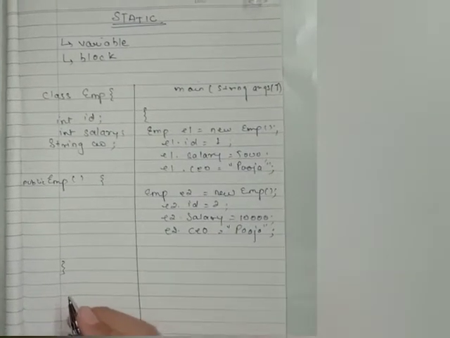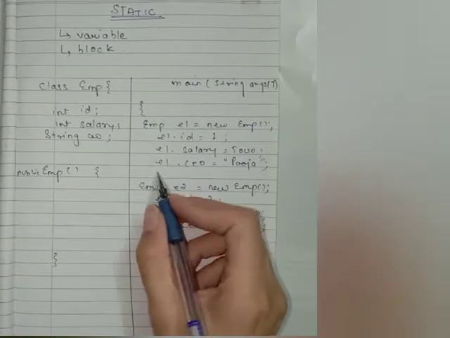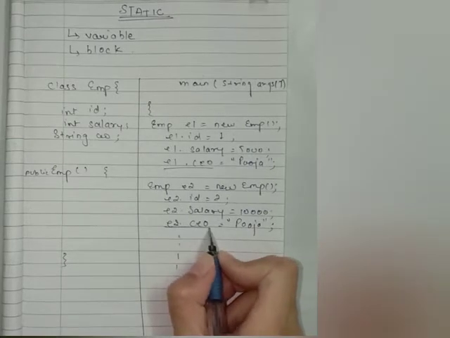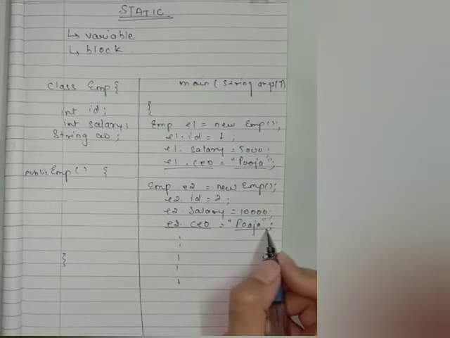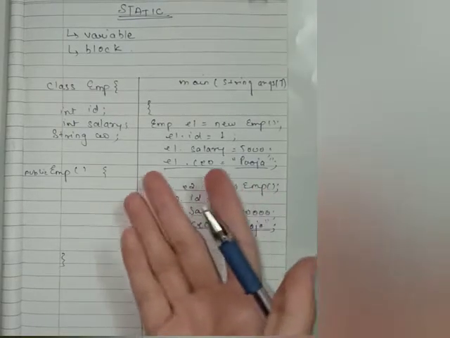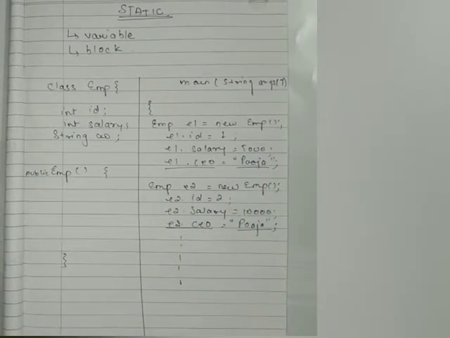Now, suppose I have 1 lakh such employees. Am I supposed to assign the CEO for each and every employee, although they are sharing a common CEO? No, right? There's no logic to instantiate the same CEO each and every time.